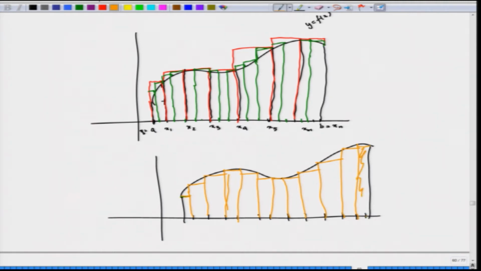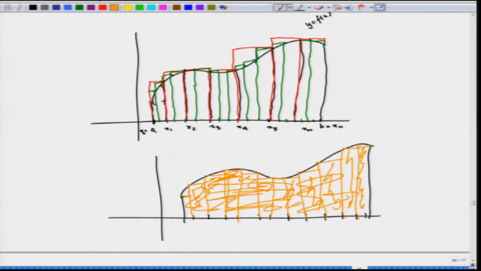If I take the area of this rectangle and take the sum of these rectangles, then as you can see, the total area of the sum of these rectangles is going to be less than the area of the region we are interested in.